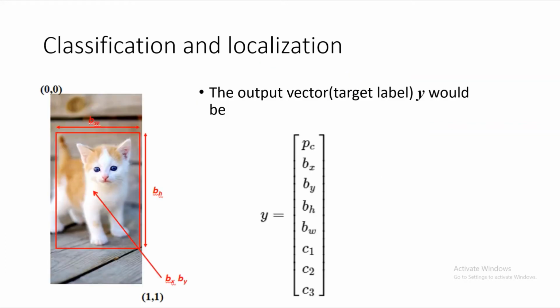So here is our image. We can see here four different labels, bx, by, bw and bh, and we start by specifying bx and by, which are specified by the midpoint of the box.